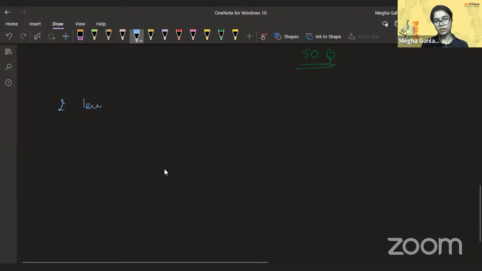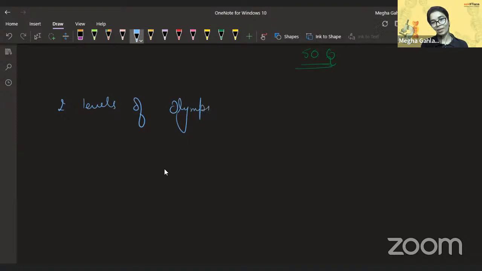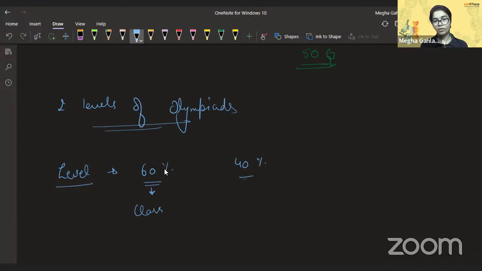2 levels of Olympiads, where Level 1 is going to have about a 60 and 40 ratio: 60 from the current class syllabus, that is class 7, and 40 from the previous class syllabus, that is class 6.